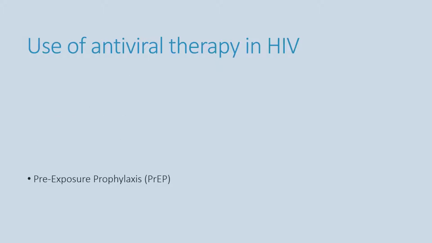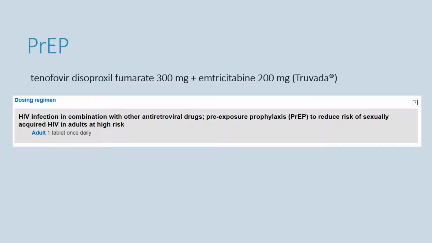The last section is the one I'm going to be focusing on, which is pre-exposure prophylaxis, or PrEP. PrEP in New Zealand consists of 2 medications taken as a single pill with a dose of 1 tablet once a day.